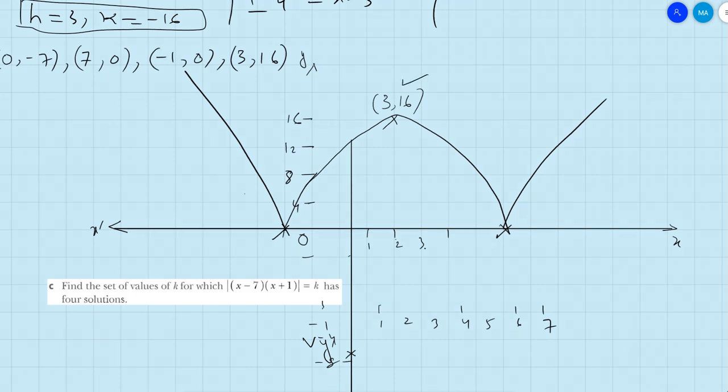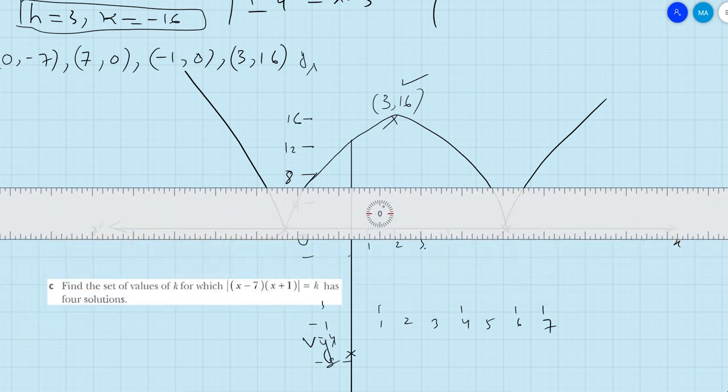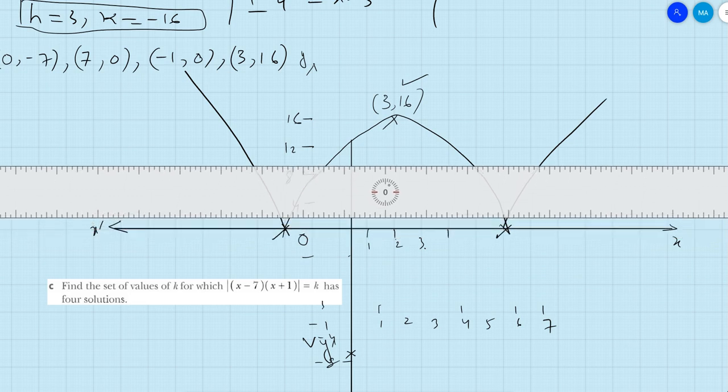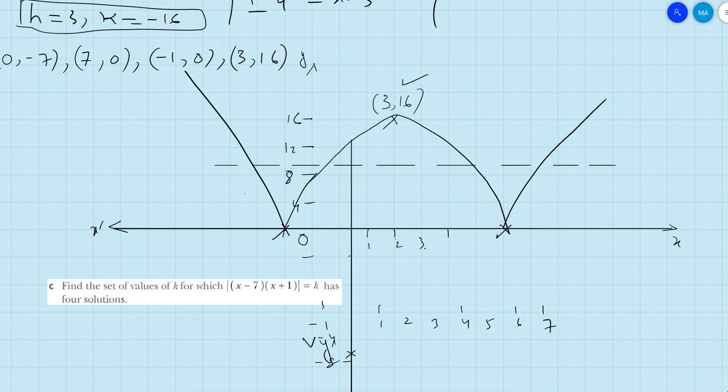So four solutions means this line. If I draw a line which is below the maximum point, we always get four solutions. One, this, this. I hope you understand. A little bit confused, but it's okay. So the values of k from 0, this one, to the maximum point, this one, 0 to 16. So this is the answer of part C.